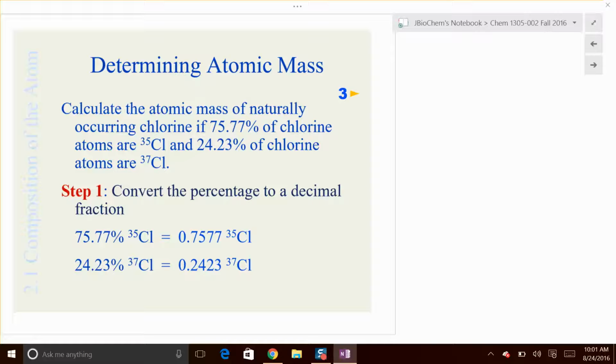Okay, now this is going to go through steps, and that's great, but what I would recommend is that you make a chart, okay? The mass, the abundance.